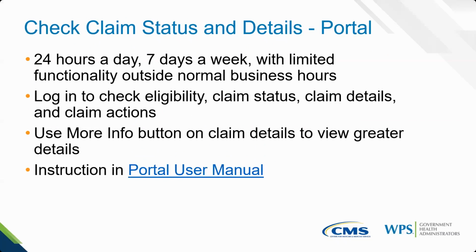There's a button that appears. It has more info on that button. You can see that in the third bullet here. If you click on that button, it will give you more claim details as to why that claim line may have denied. So this is a great way to find additional information about why your claim line denied.